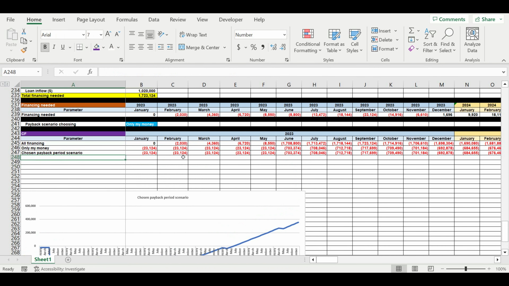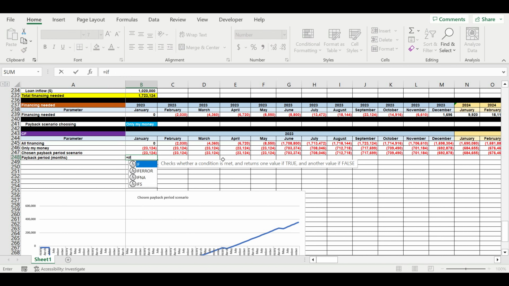So payback period months. So here the formula will be very simple as well. So if this value is less than 0, then I will put 1, otherwise 0.